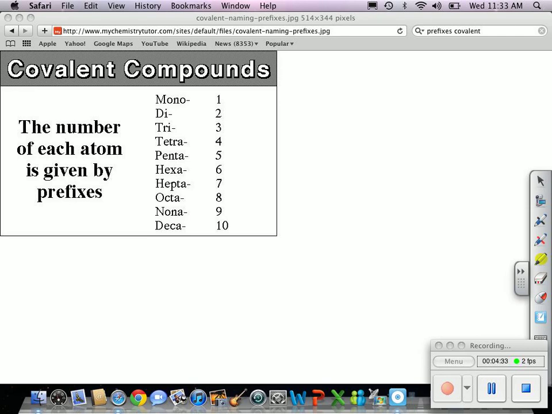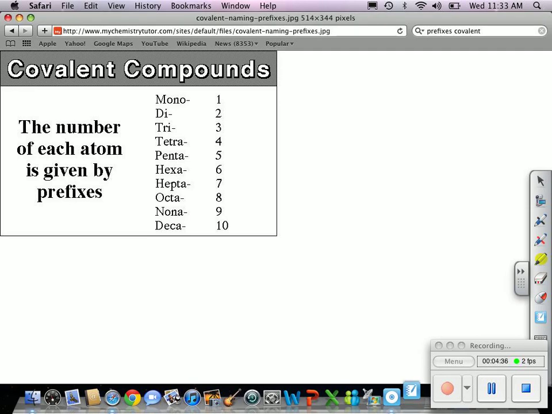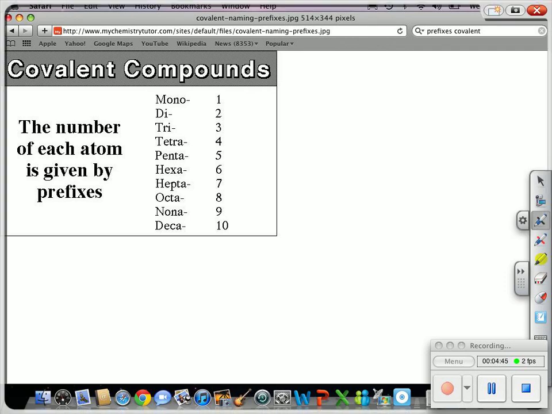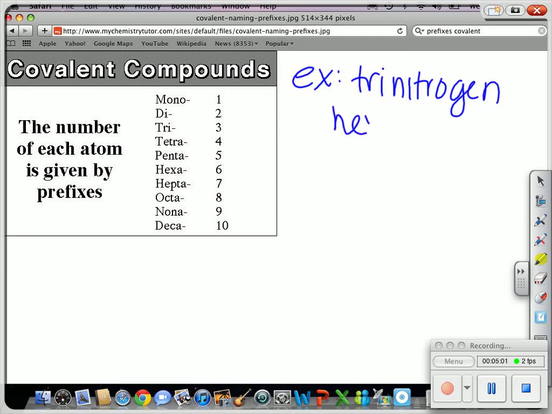So say, for example, going the opposite way here, let's say that you have trinitrogen hexaoxide. Okay, all I need to do in this case is use the prefixes to help me figure out what my subscript should be. Okay, so the prefixes are going to tell me exactly what my subscript should be.